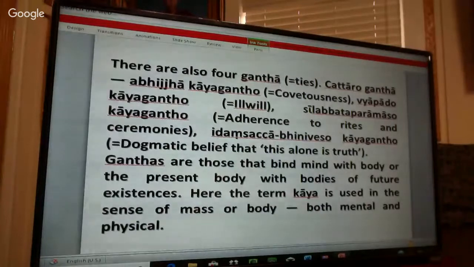Next one is Ganta. Ganta is a tie. Tying with a rope, the animal cannot run away like this.